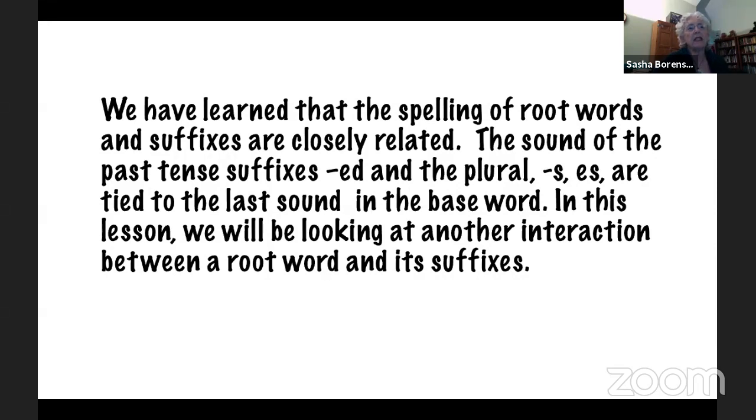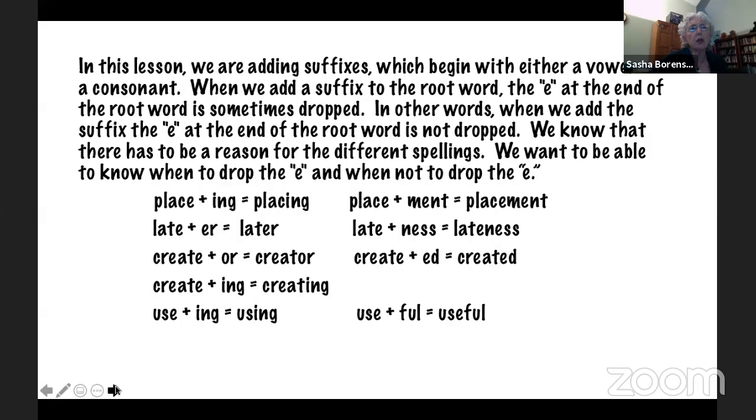And in this lesson, we're going to be looking at the interaction between a root word, a base word, and different suffixes. In this lesson, we're going to be adding suffixes that either begin with a vowel or a consonant. And when we add the suffix to a root word that has a vowel plus E, sometimes we drop the E and sometimes we don't.